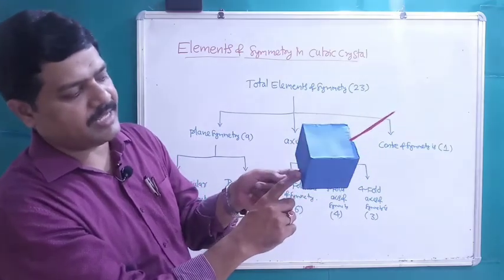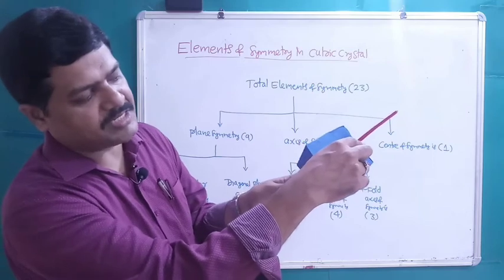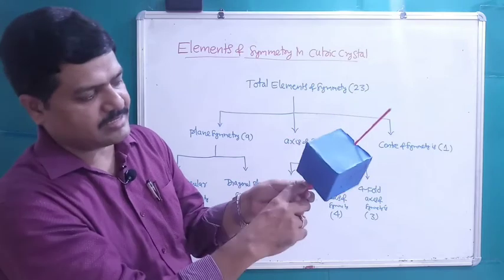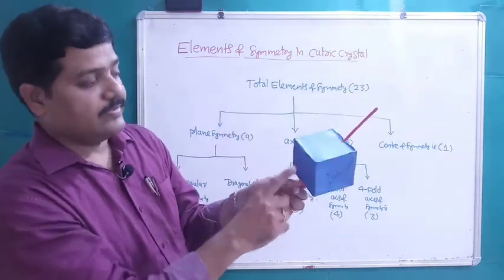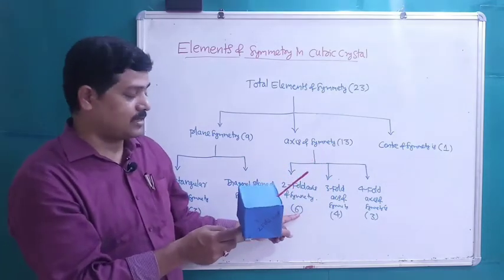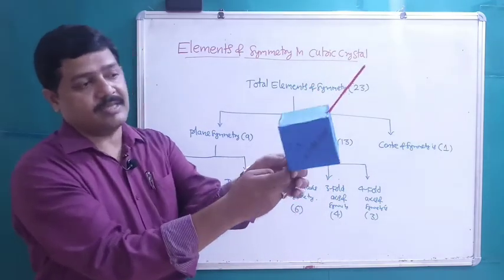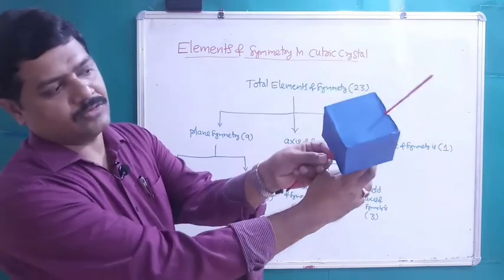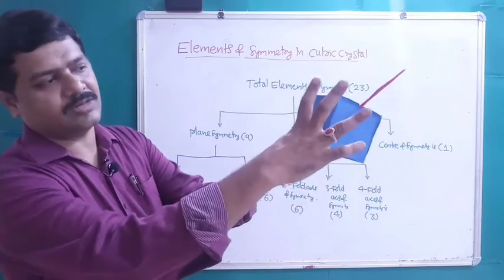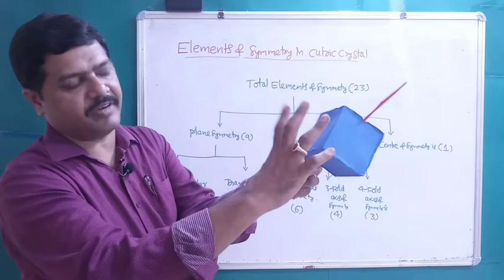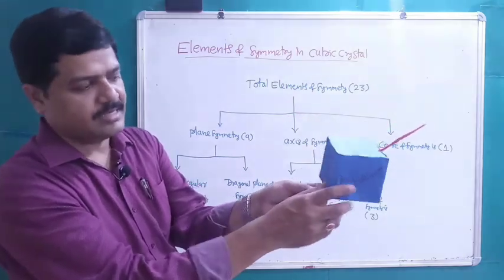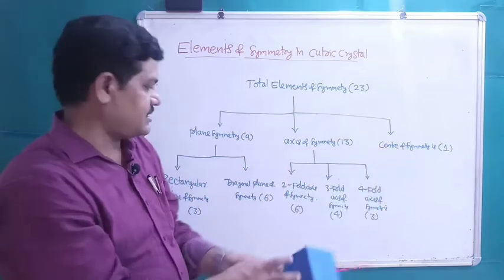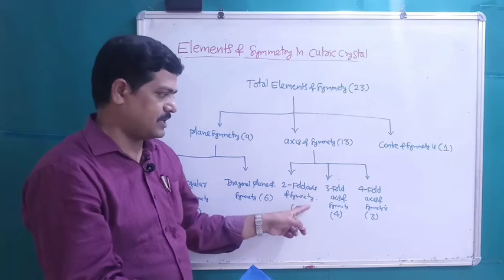Two-fold axis of symmetry passes through the opposite edge centers. There are 12 edges, so 6 such axes are possible. The total 360 is divided into 180, which is called a two-fold axis, joining opposite edge centers. Then with 12 edge centers, 6 two-fold axes of symmetry are possible.